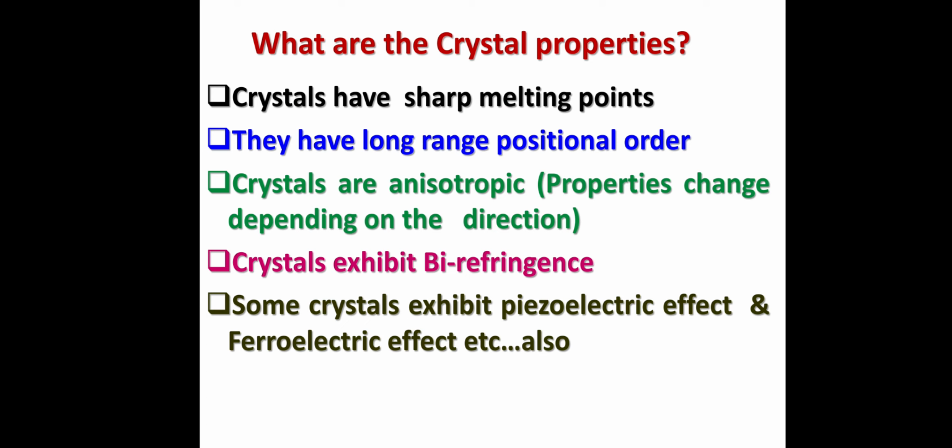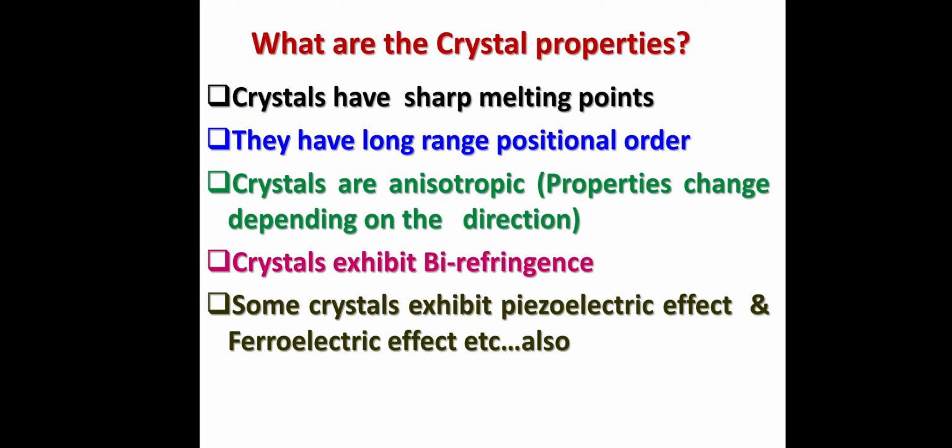Iso means same, wherever you go, wherever you observe, the properties remain the same. They are known as isotropic. But crystals are anisotropic, their properties change depending on the direction.